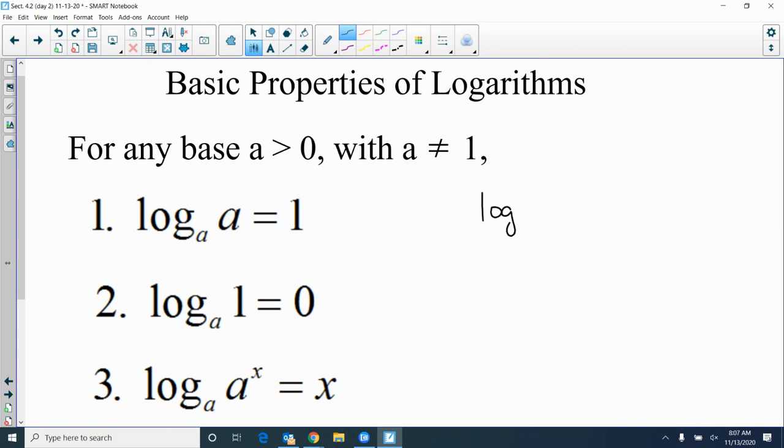Log base 7 of 7 has to equal 1. Log base 4 of 4 has to equal 1. Those make sense. Log base A, any base, of 1 equals 0. Log base 8 of 1, 8 to the 0 power equals 1.